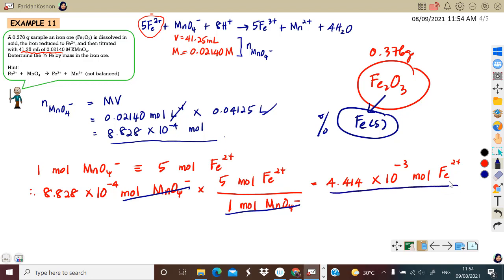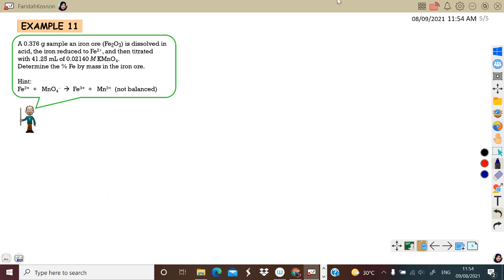Okay, jadi sekarang kita kena faham satu benda di sini. Okay, kalau kita lihat balik, saya lukis semula. Bila iron ore, dalam ni contains iron. Kita larutkan dengan acid, it shows that the reaction is in acidic medium.